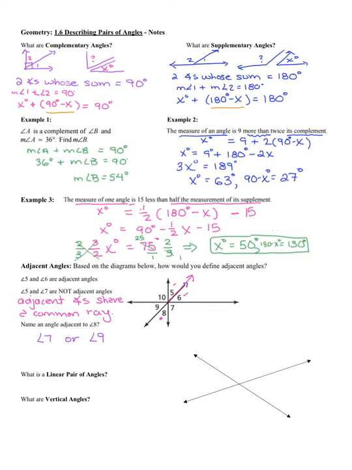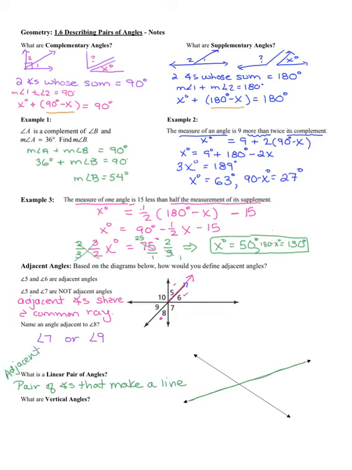Then our next little definition is linear pairs, which I think we've also talked about. A linear pair is exactly, it is a pair, in other words, two angles, a pair of angles that make a line. And actually, I should improve on that. It should be an adjacent pair of angles.